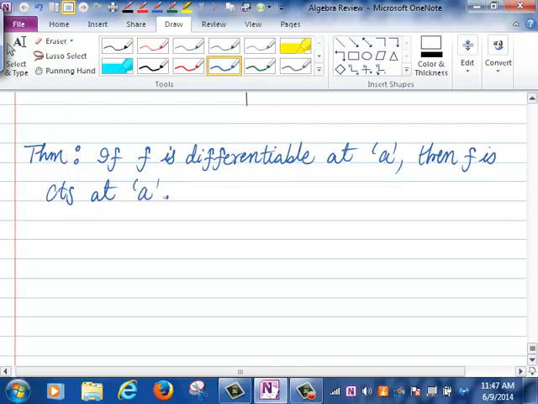So if you know that a function is differentiable at a point, then the function must be continuous at that point. Okay? So that's what this is saying.